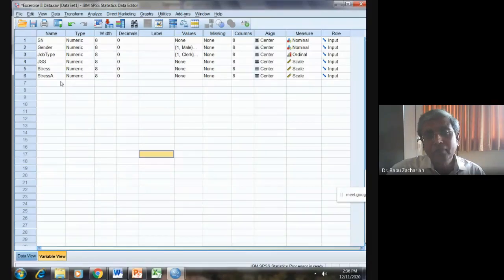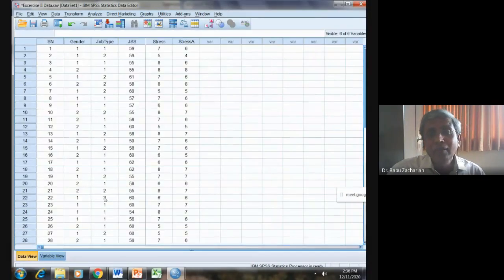These three, they are scale variables. You may ask, how are they scale variables? Actually, in research methodology, you have a procedure of scale development. According to those processes, they develop the scale and they have reasons to treat these three as interval level data. So we treat them as scale variables. So the data set is ready.